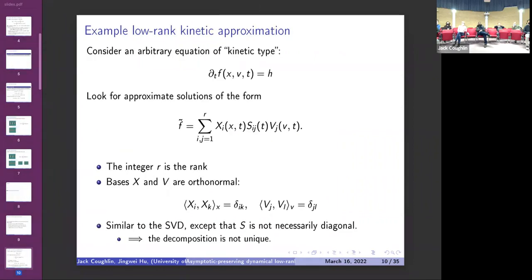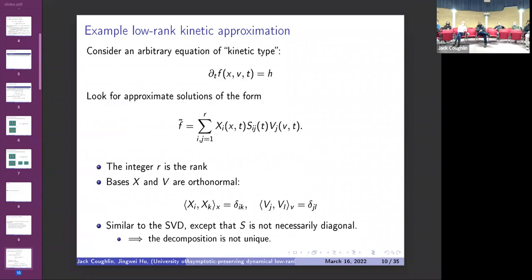So let's consider some arbitrary equation of kinetic type. It depends on x and v, and it's got some right-hand side h, some time derivative h. What we do is look for approximate solutions of this form, where f can be written as the sum of up to r squared functions that are xv separable.